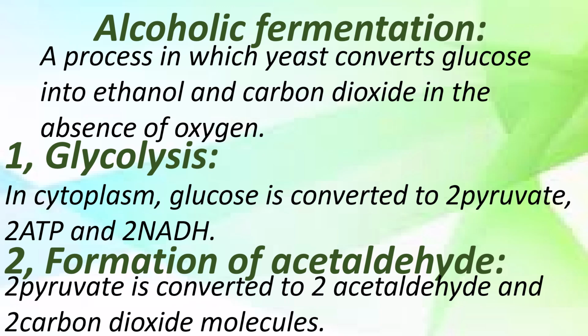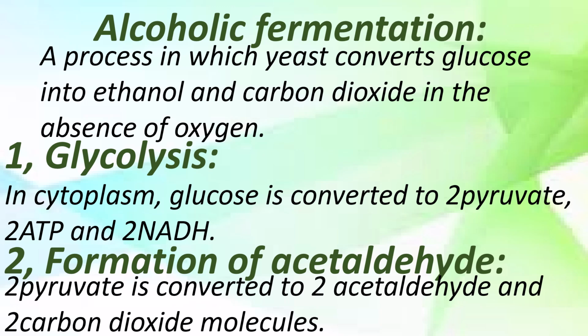There are three steps of alcoholic fermentation. First is glycolysis. It occurs in the cytoplasm. In the cytoplasm, glucose is converted to 2-pyruvate, 2-ATP, and 2-NADH. Glucose is a monosaccharide. 2-pyruvate is a compound containing carboxylic groups. As I have discussed earlier, ATP is an energy molecule containing 3 phosphate bonds.